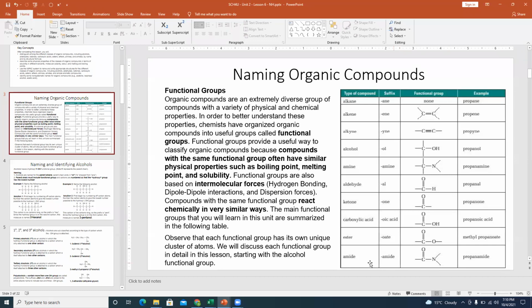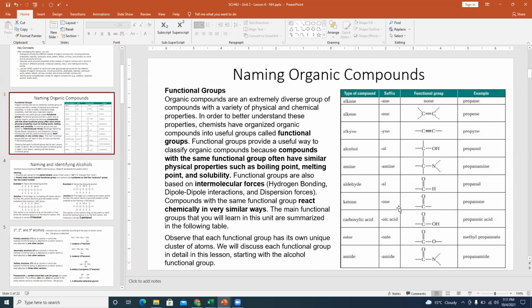And finally, amides we talked about, where you have this C double bond O, and instead of it being connected to an oxygen down here, it's to an amino group, to an N, and then it could be an NH, or it could be an N and then some more groups down here. And the suffix this gets is amide. So if we knew that there were 3 carbons altogether here, this would be a propanamide.